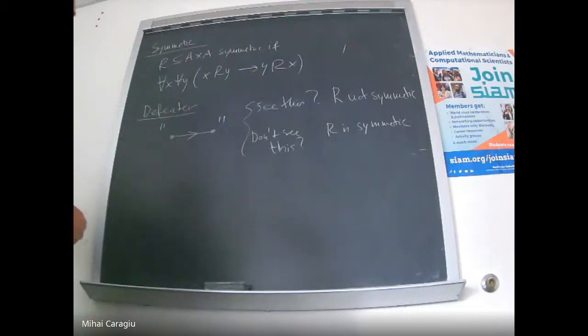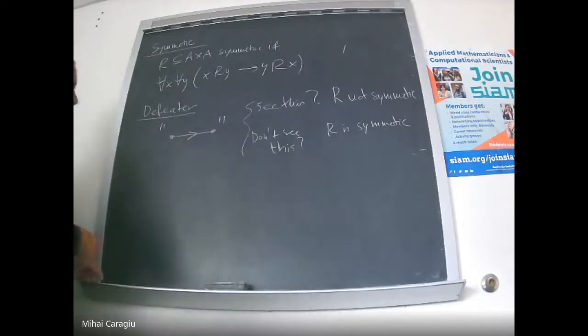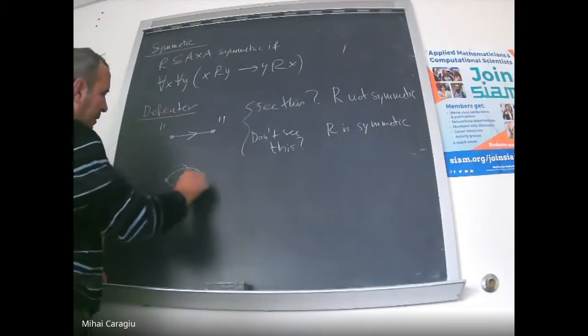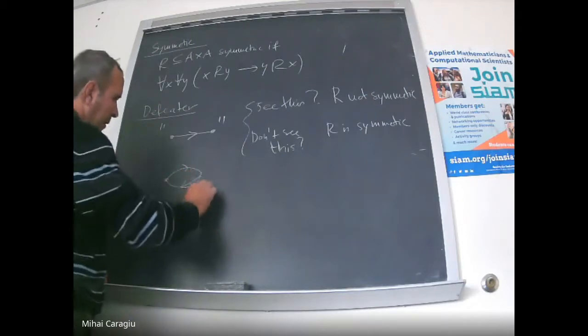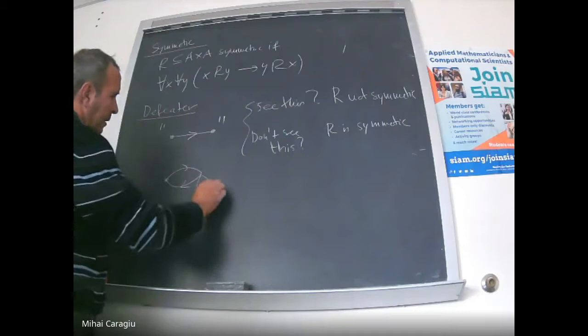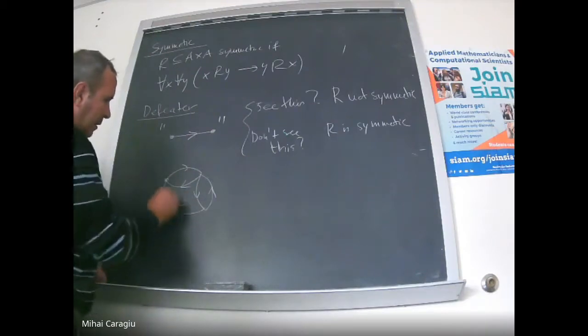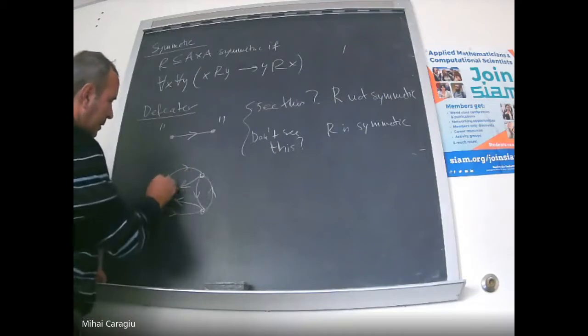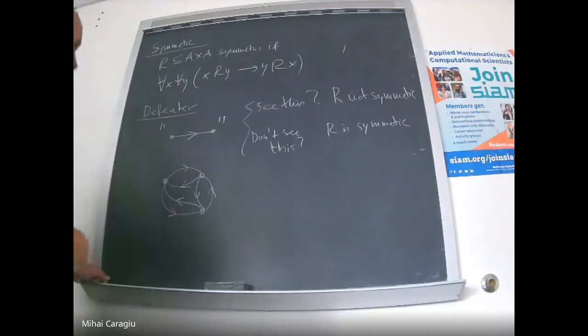So knowledge by defeaters, like a negative knowledge. For example, in this conceptual diagram, every relationship between two different elements is two ways.